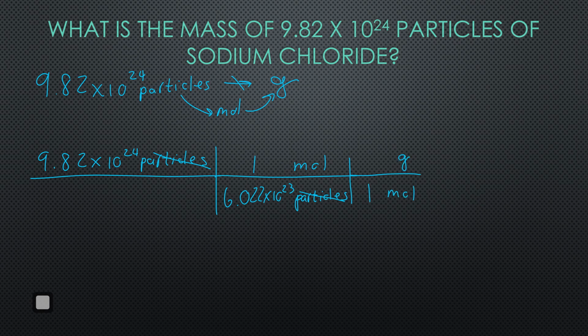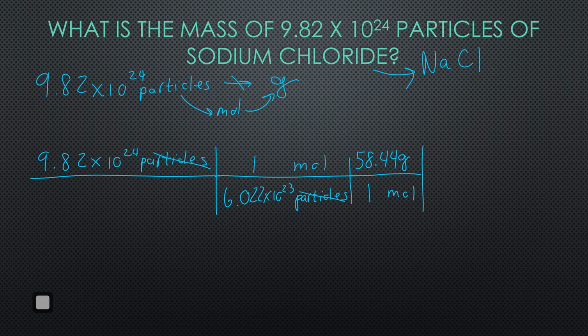This is molar mass. I know this is going to be 1, but I need to figure out the molar mass of sodium chloride. There's only one of each. You need to know the formula for it. Obviously, it's NaCl. But I would just add up each of the molar masses. 22.99 plus 35.45 is 58.44.